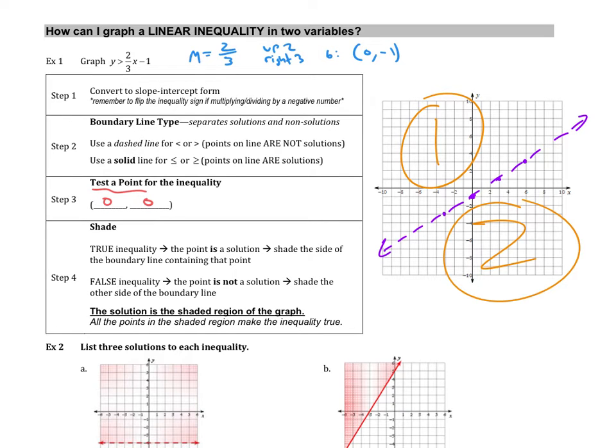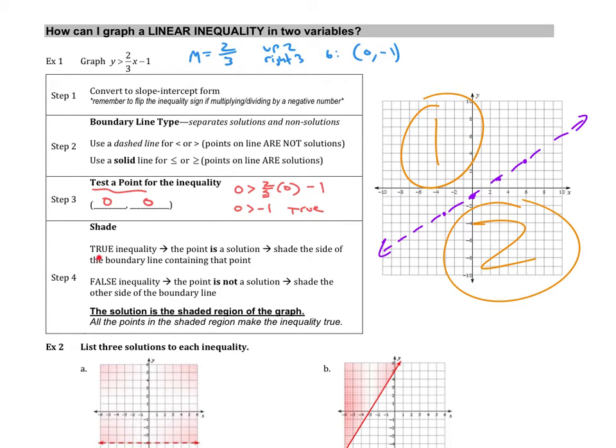We plug it in. So I'm going to plug 0 in for x and y in that inequality. So it's 0 is greater than 2/3 times 0 minus 1. And then you do the math. 2/3 times 0 is 0, so it's 0 is greater than -1. This is true. 0 is a bigger number than -1.